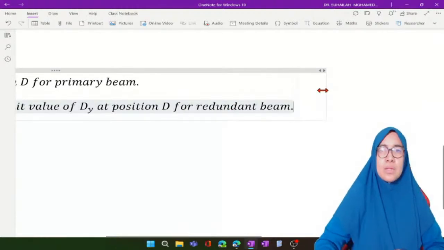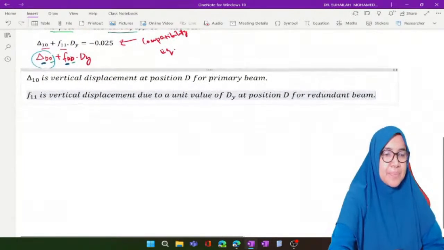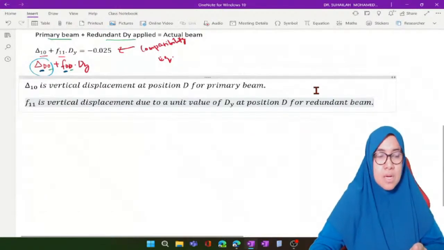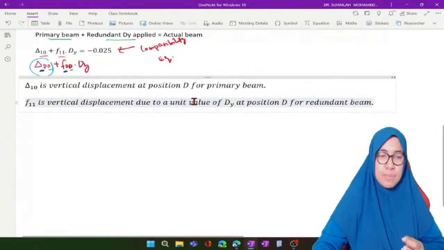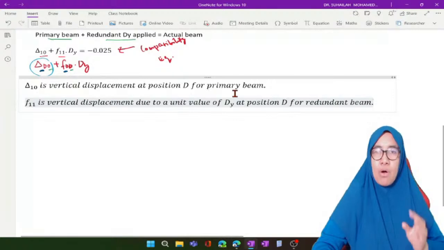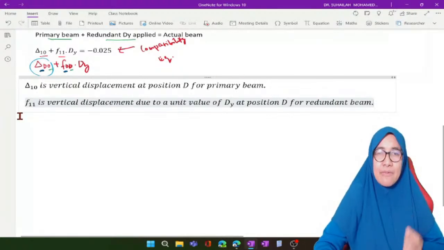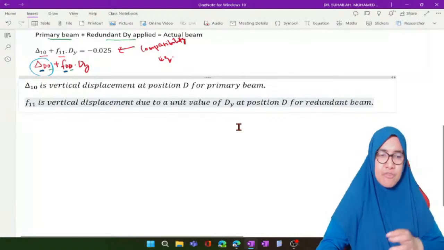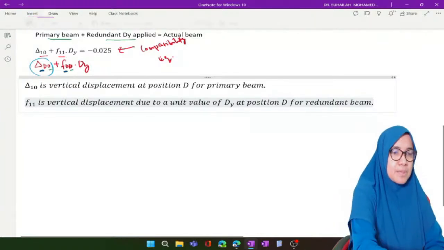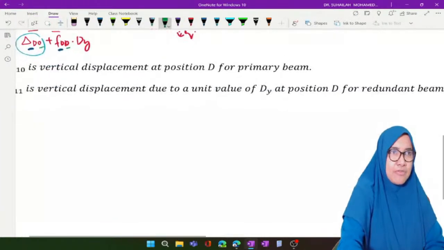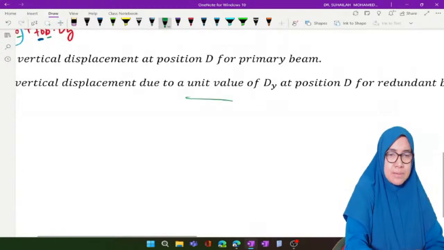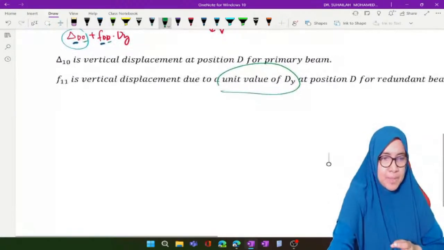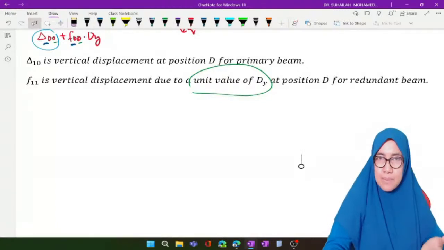We call it the physical meaning. The physical meaning of delta 1 naught or delta D naught is a vertical displacement at position D for the primary beam, and F11 is F because of this statement. It is delta without the statement.